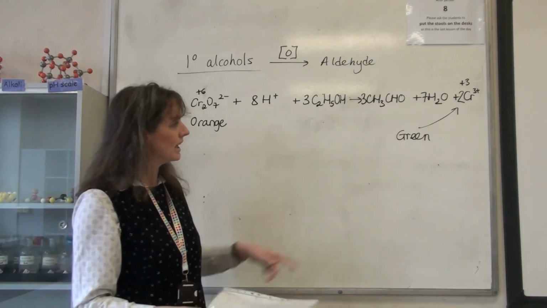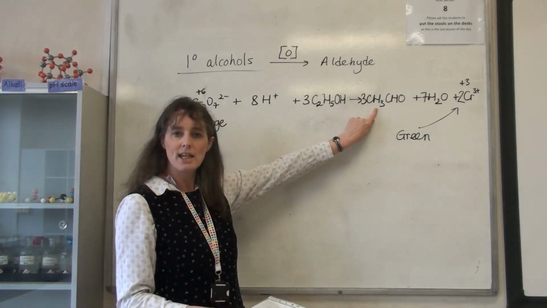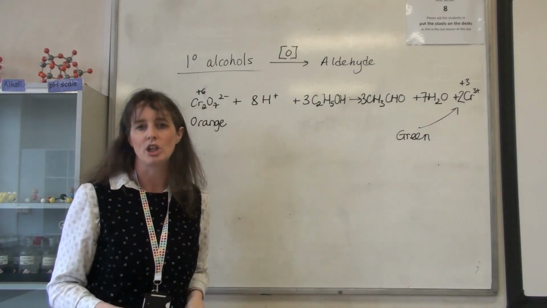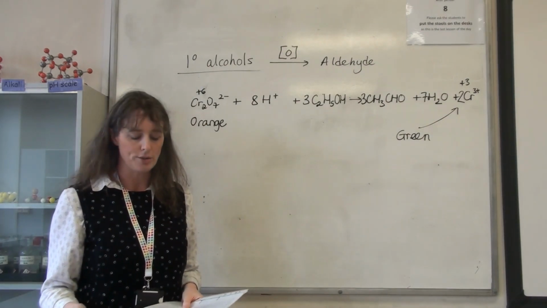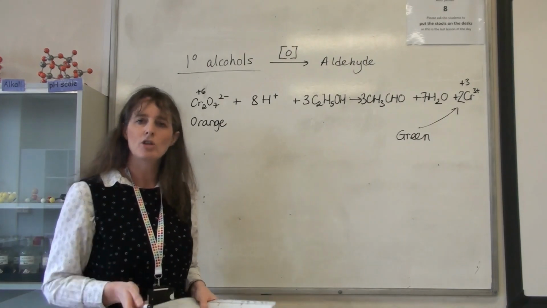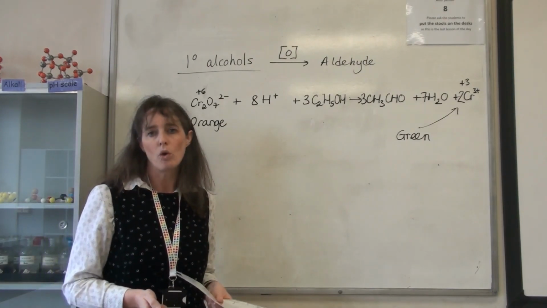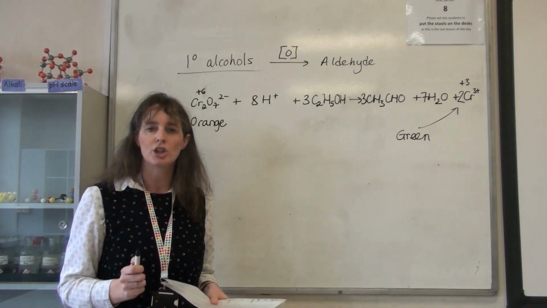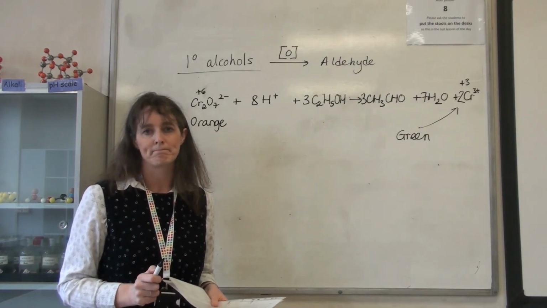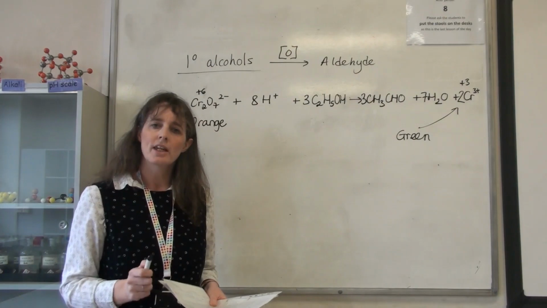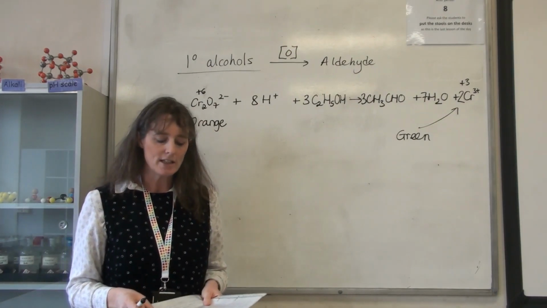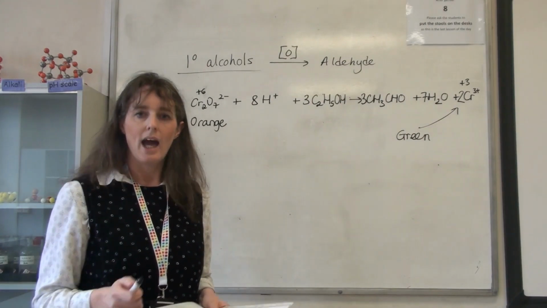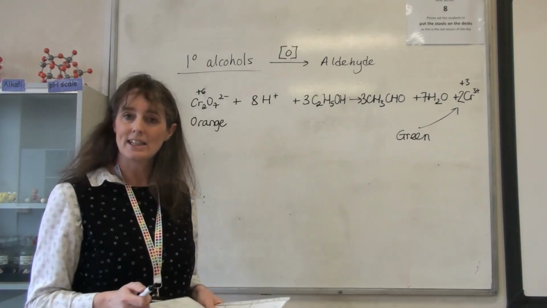If we want it to be just the aldehyde, then there are some very specific conditions that we would need to use. See if you can remember or think what they might be. We only want it to partially oxidise. So the answer is that you would need to distill out the ethanal as it is formed.